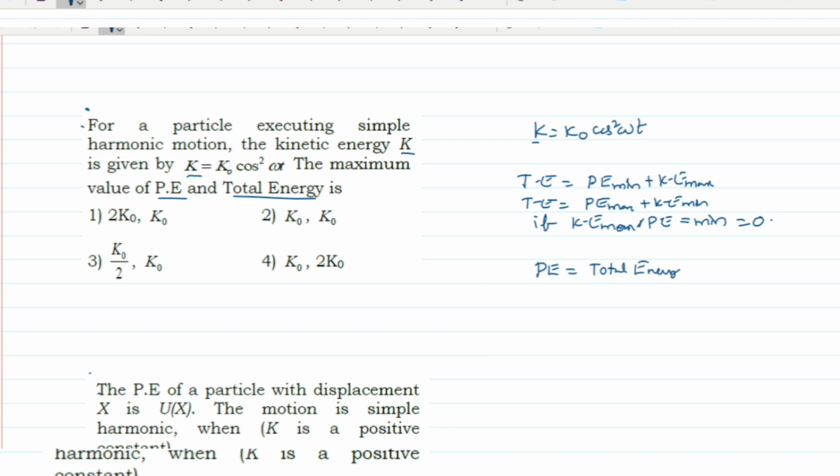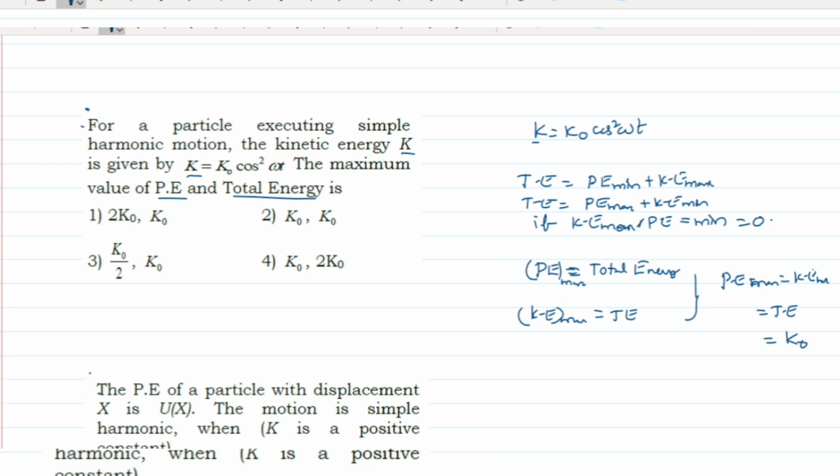At the kinetic energy maxima, and at the potential energy maxima, we get the total energy. In both cases, the kinetic energy maxima is equivalent to the potential energy maxima, which is equal to the total energy, which is nothing but K naught.